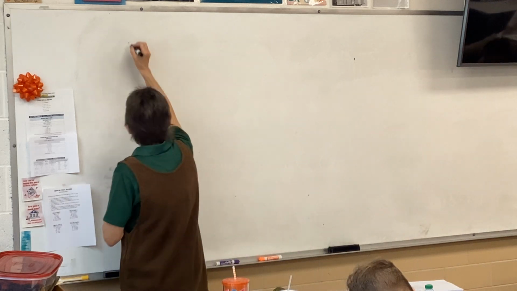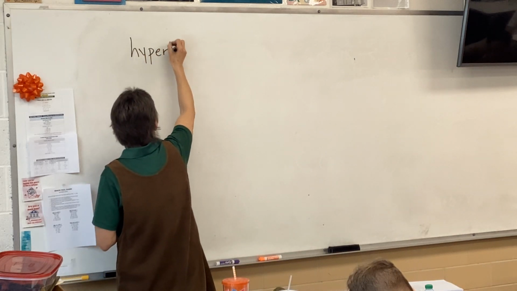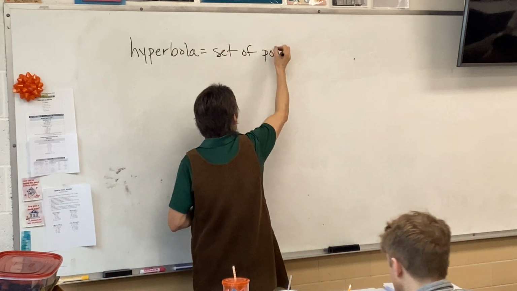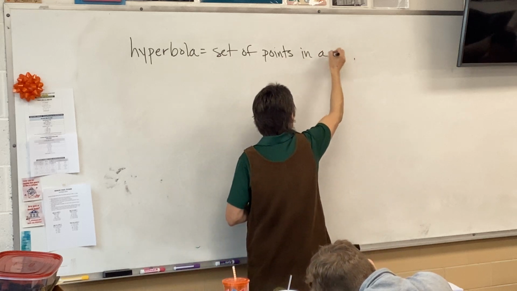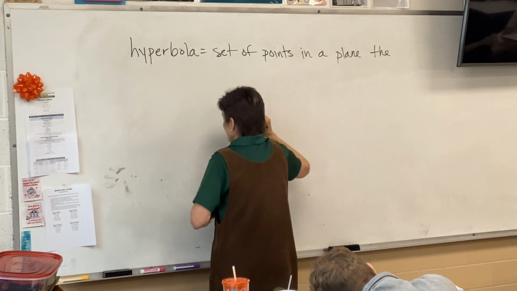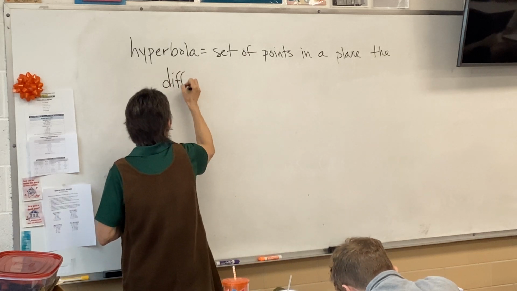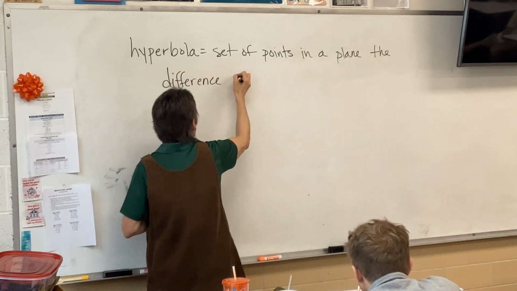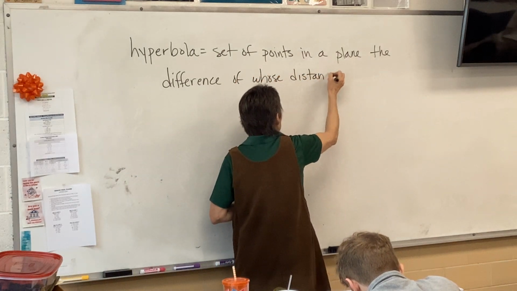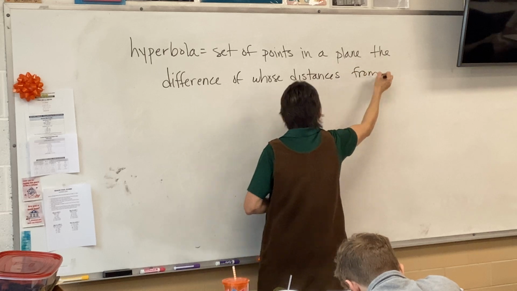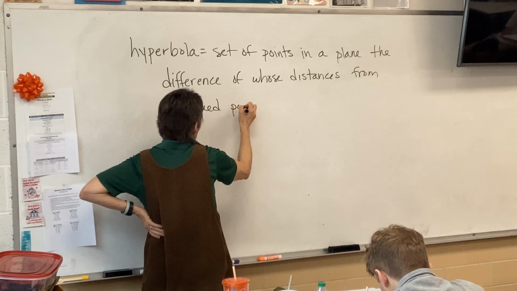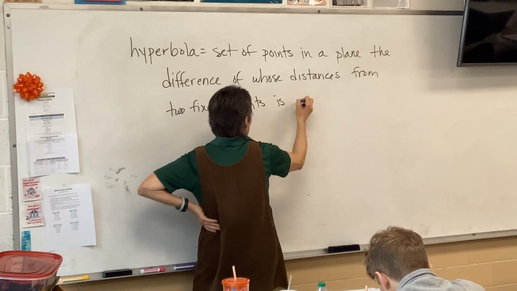So here's your definition: a set of points in a plane of whose distances from 2 fixed points is constant.